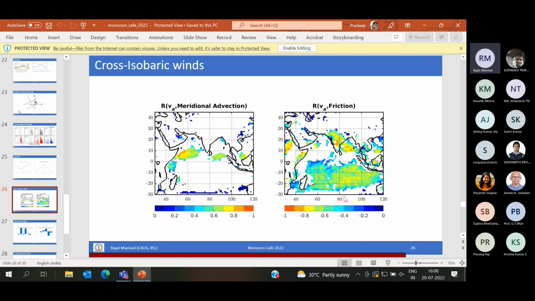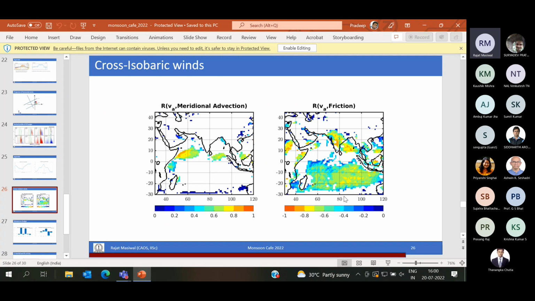So the gradient of geopotential is affected by the convective heating. We have not looked at the dynamics of d phi dy as of yet, so I cannot really comment on that.